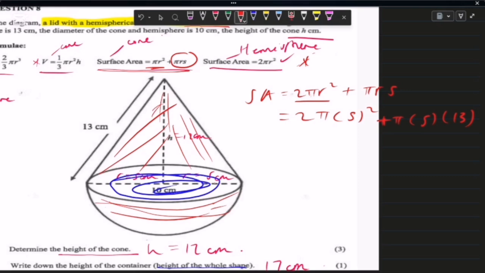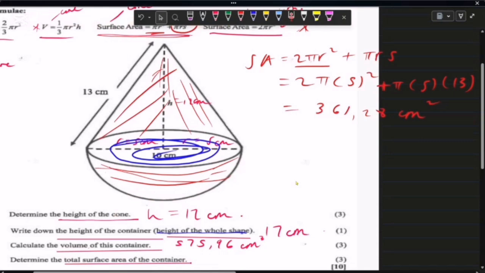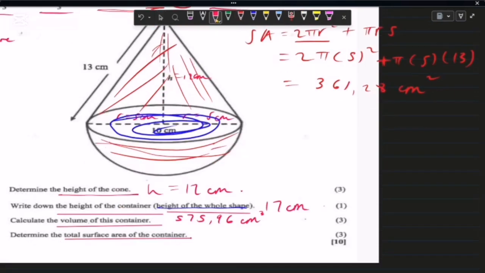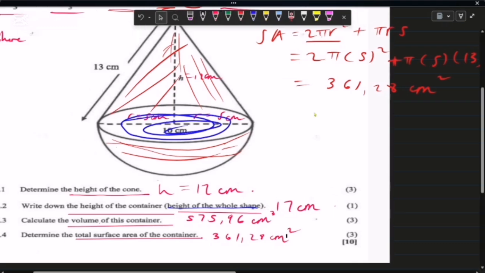Okay, so we get a value of 361.28 centimeter squared, because we are dealing with area. So our final answer is 361.28 centimeter squared. Okay, so we are done.